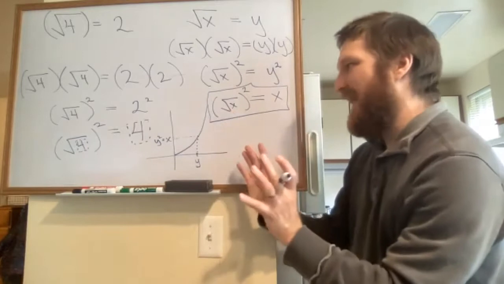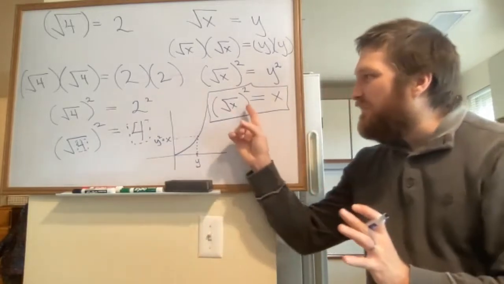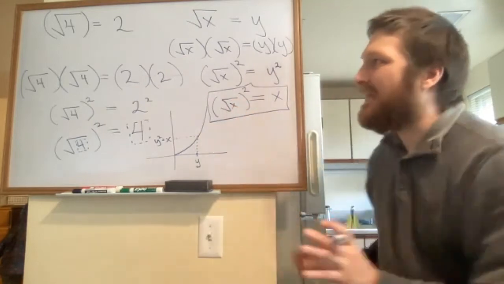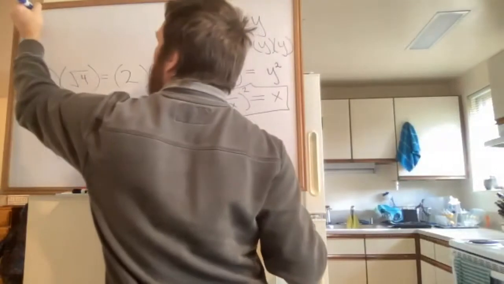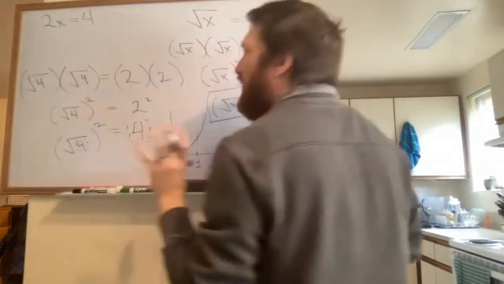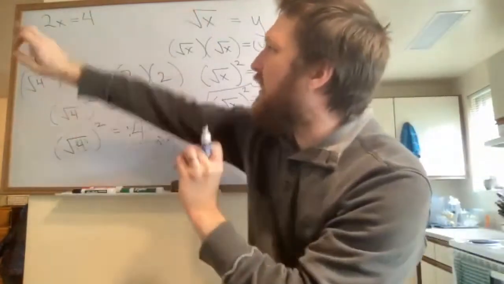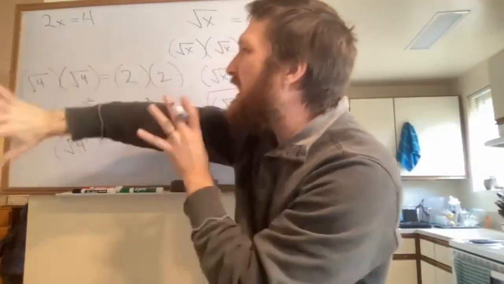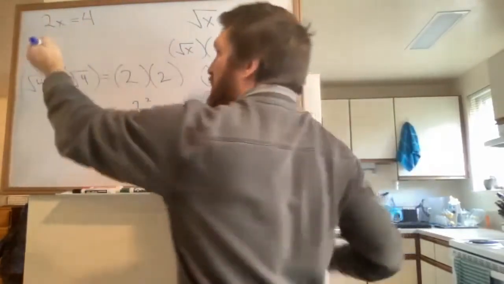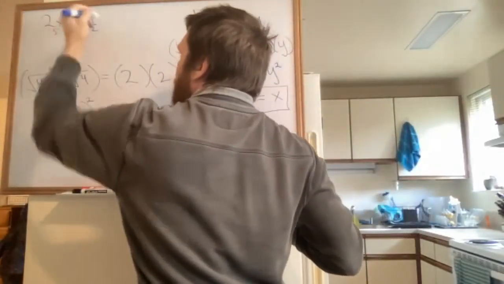But basically what I'm saying is, if the thing that you're trying to get to is the x, kind of like if you have an equation that says take 2 and multiply by x and you get 4, the thing I want to get by itself is x. How do I get rid of the other stuff? Well, the way to get x by itself in this case would be to divide by 2.